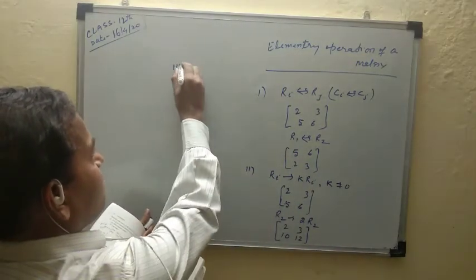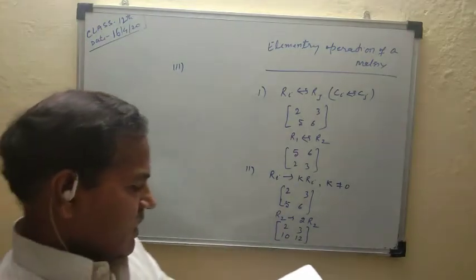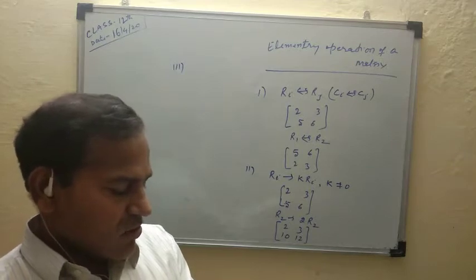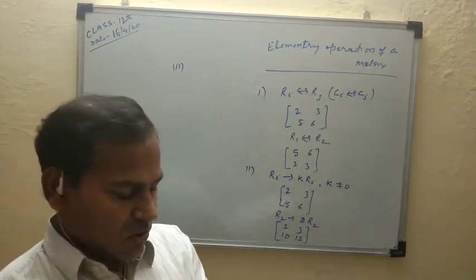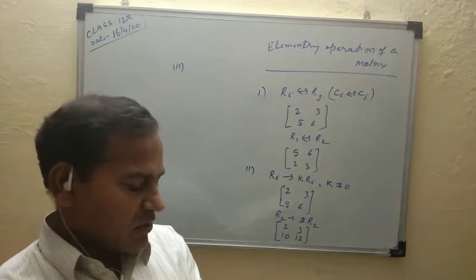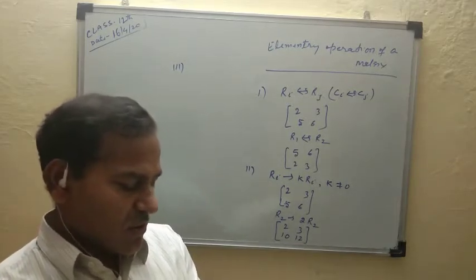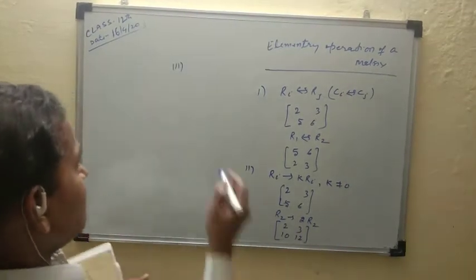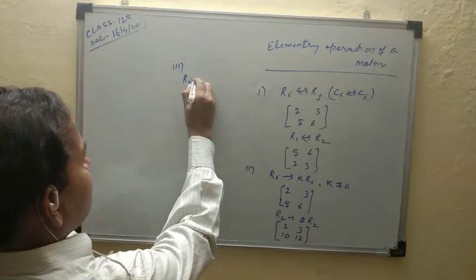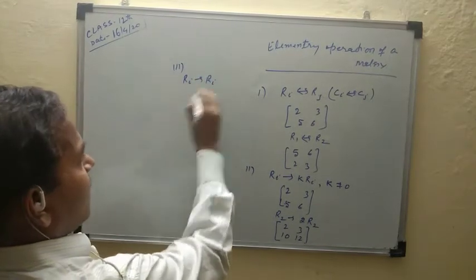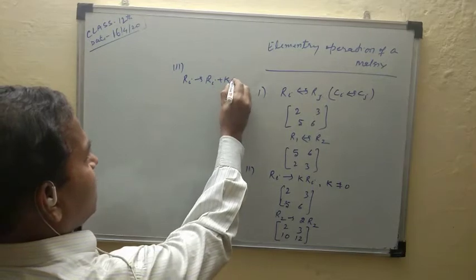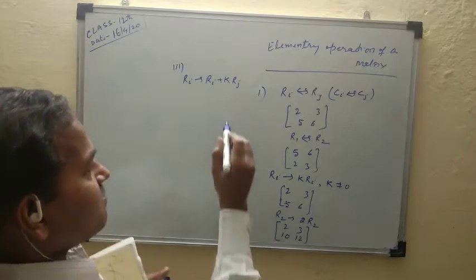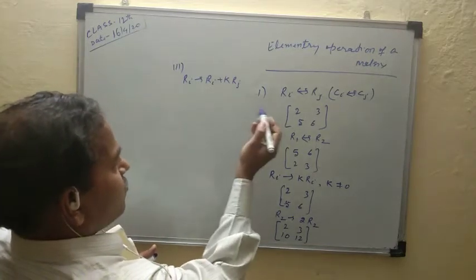Third operation is the addition of elements. The addition of the elements of any row or column to the corresponding elements of any other row or column, multiplied by any non-zero number, that is, Ri changes to Ri plus some constant k into another row.